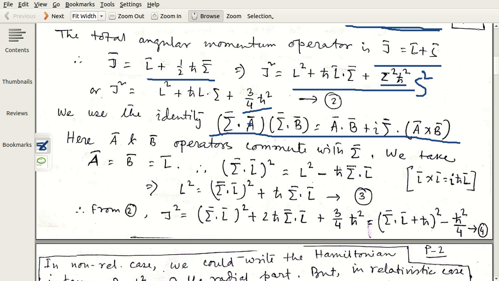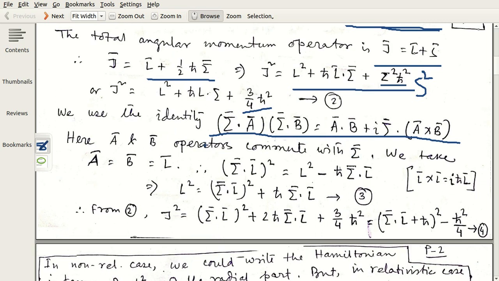And A and B are operators which commute with this sigma, and A and B can also commute among themselves, or they can even not commute. Both are allowed.